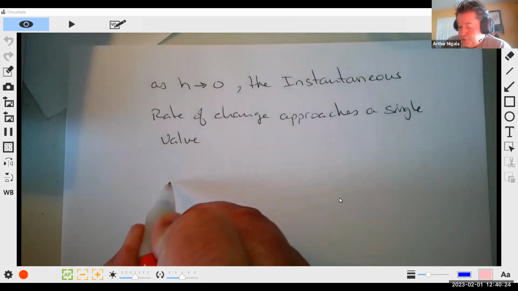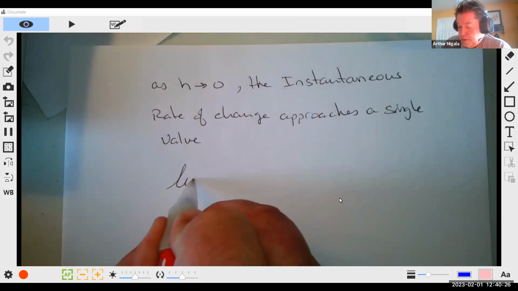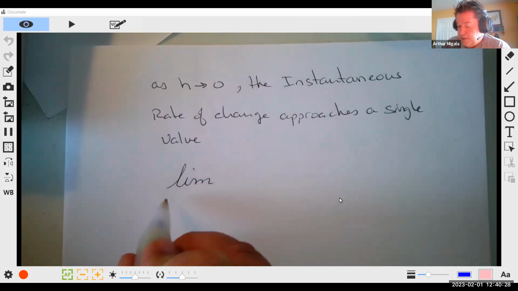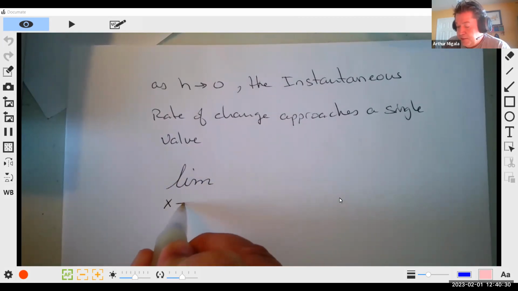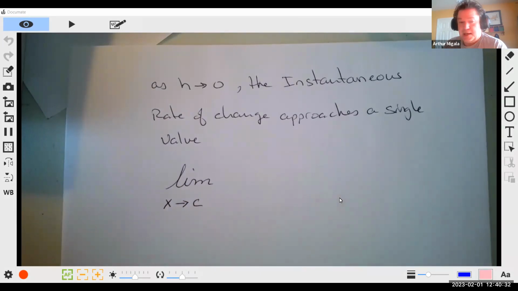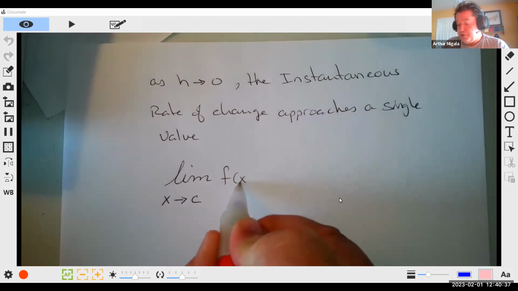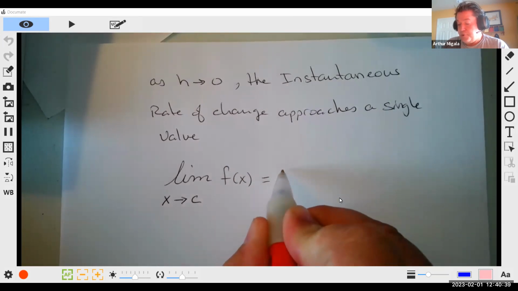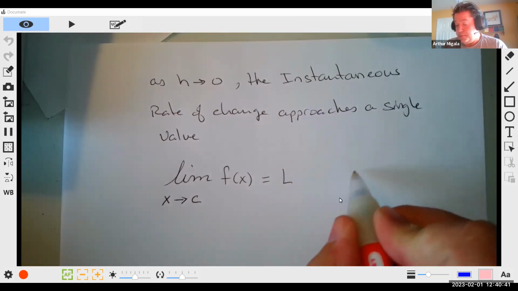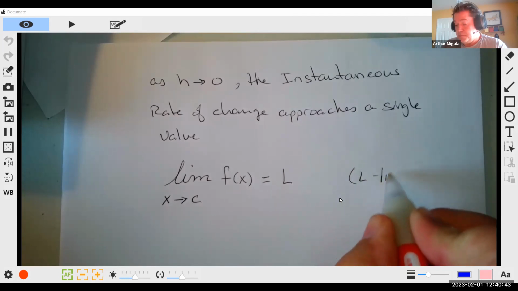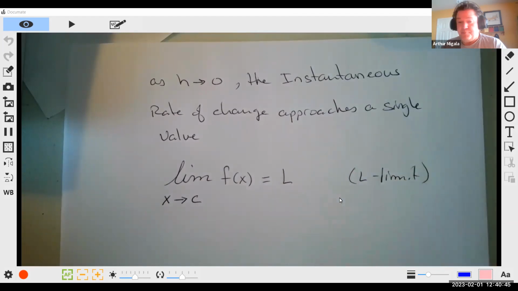The way we show that is we're taking the limit as our x values approach a specific point c of the function, and it approaches what's called the limit point.